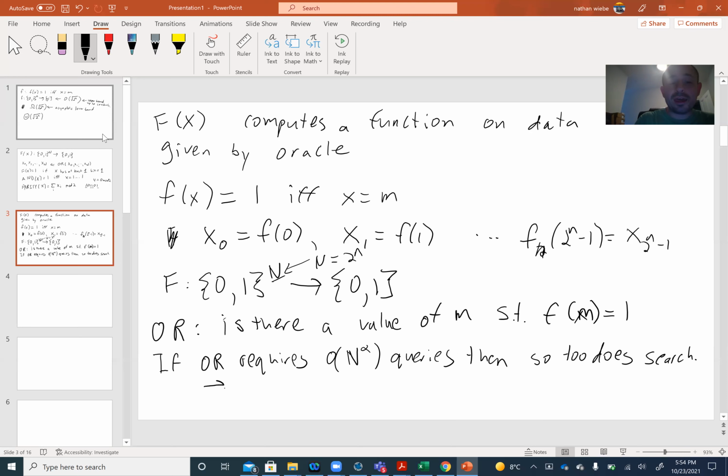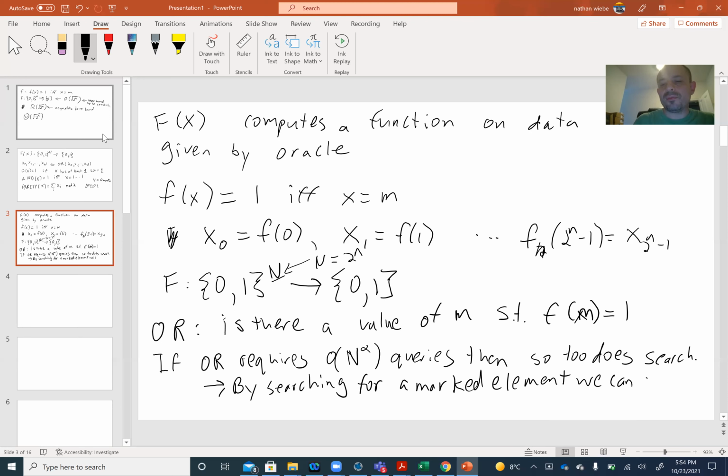Well, by searching for a marked element, we can solve the question of, is the OR of all of the possible bits output by the oracle equal to 1, i.e. is there a marked element?